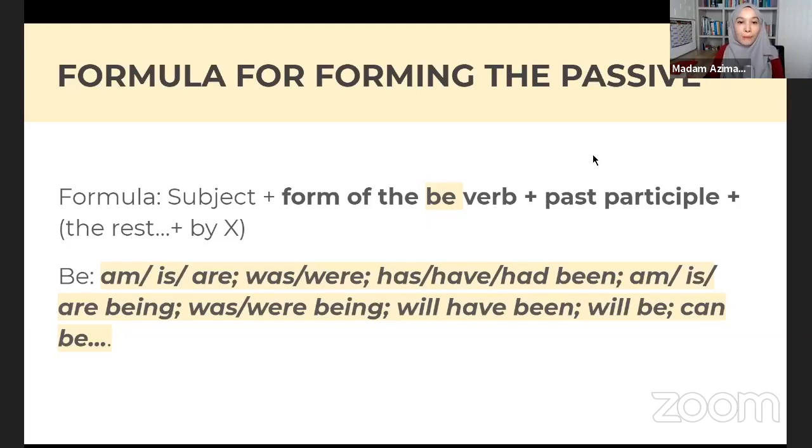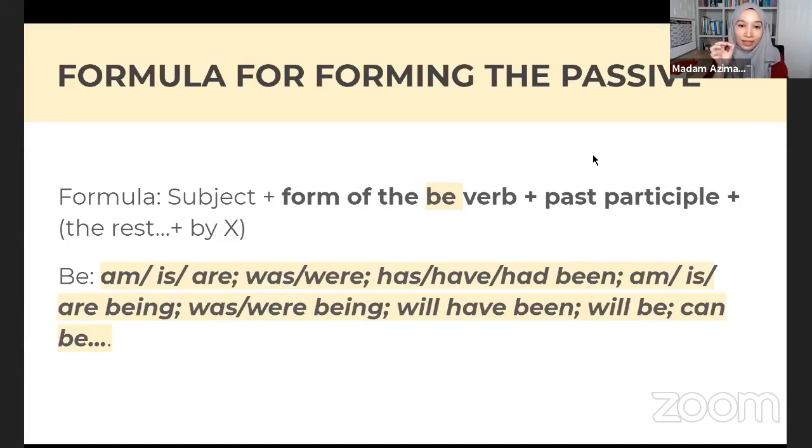Okay, but what's the be verb? There are so many be verbs here, but I'll just read them out loud. The be verbs, we have am, is, are, was, were. Strangely enough, these are all be verbs, even though you can't see the be, but it's there. Okay, am, is, are, was, and were are be verbs.